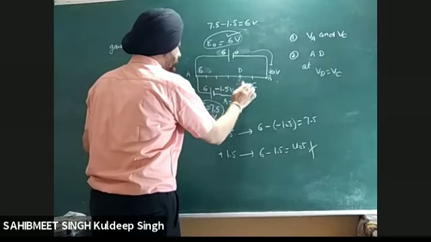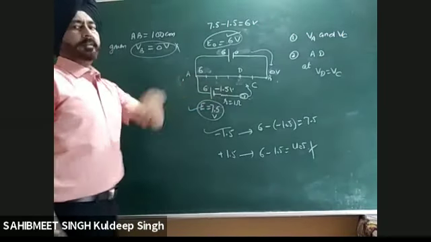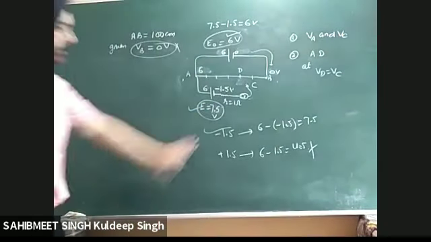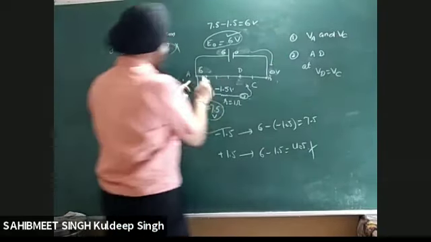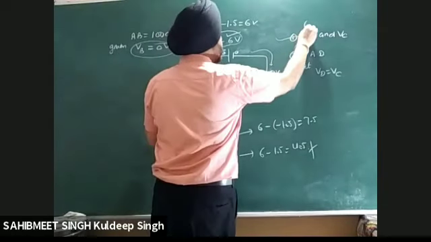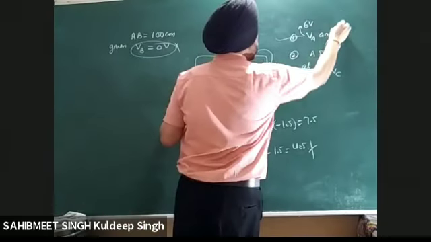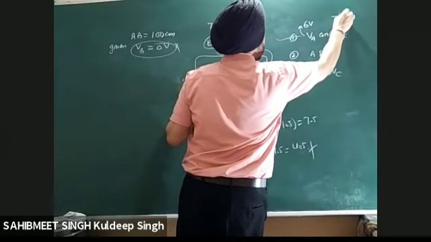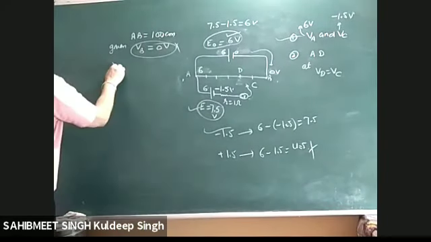Let me clear the old mess. So this terminal should be at minus 1.5 volt as per these calculations. So now the answer to the first part is A is at 6 volt and C is at minus 1.5 volt. So this is the answer.